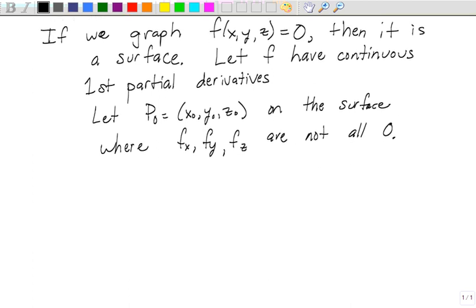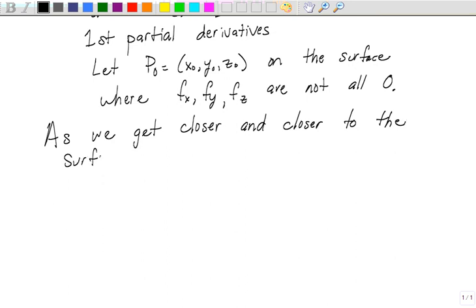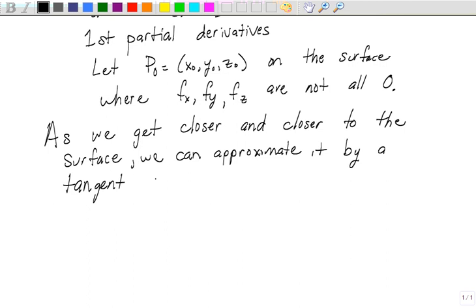And then the idea is, as we get closer and closer to the surface, we can approximate the surface by a tangent plane through that point, or the tangent plane through the point.